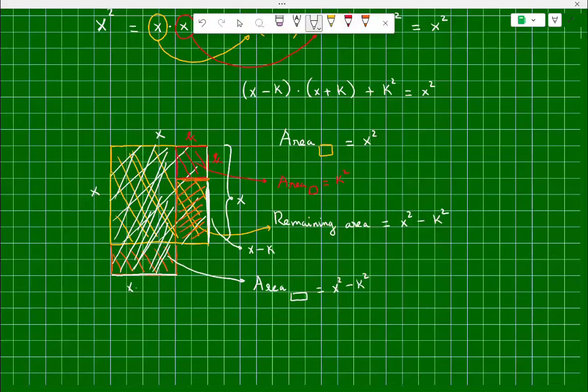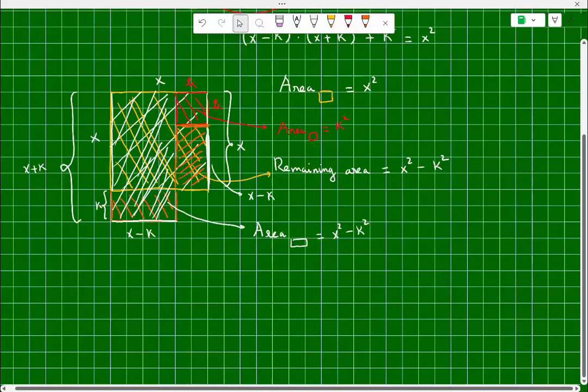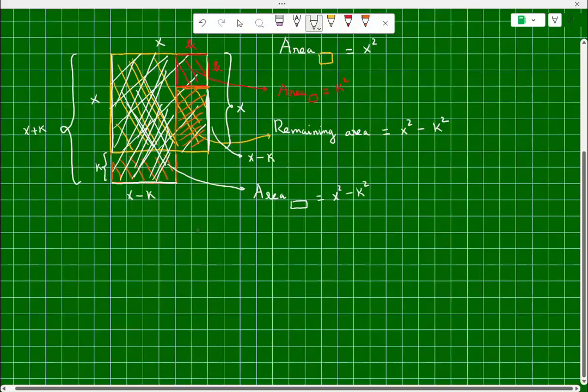So I have x minus k as one of the sides of the big rectangle. And what about the other side? This side right here consists of this, which is x, and then this part right here, which is k, so the whole thing is going to be x plus k. That means the area of the big rectangle would be x plus k times x minus k, the product of two sides.